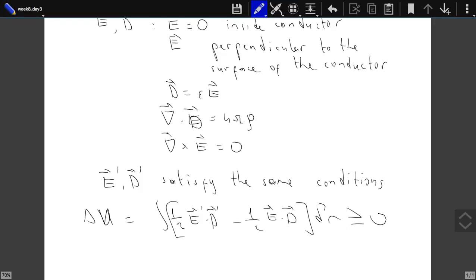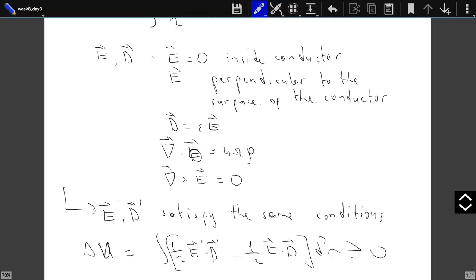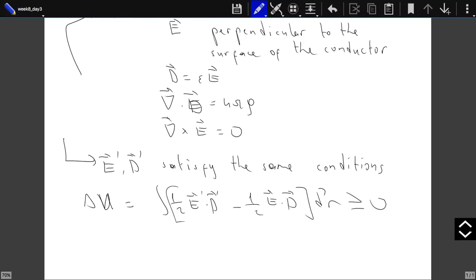So we have a solution, E prime D prime, which satisfies our condition. And then we have another solution, E and D, which satisfies the same conditions. And if you just reverse it, let me call it delta U prime, 1 over 2 E dot D minus 1 over 2 E prime dot D prime.